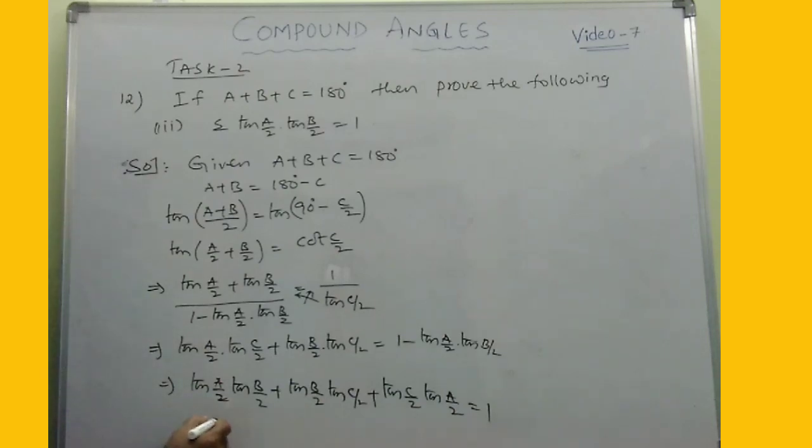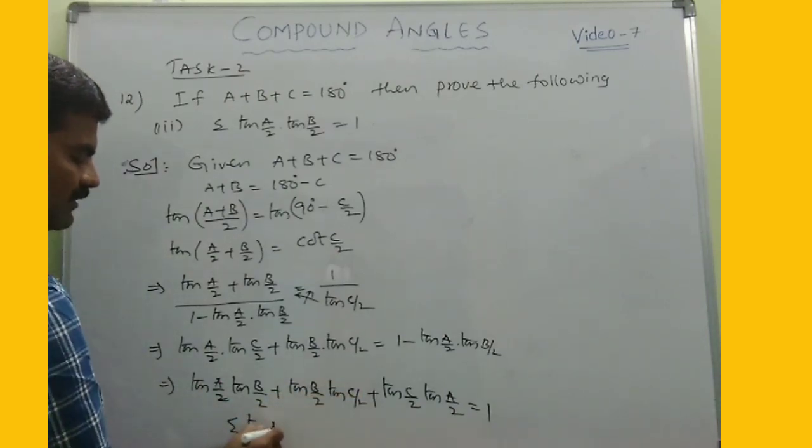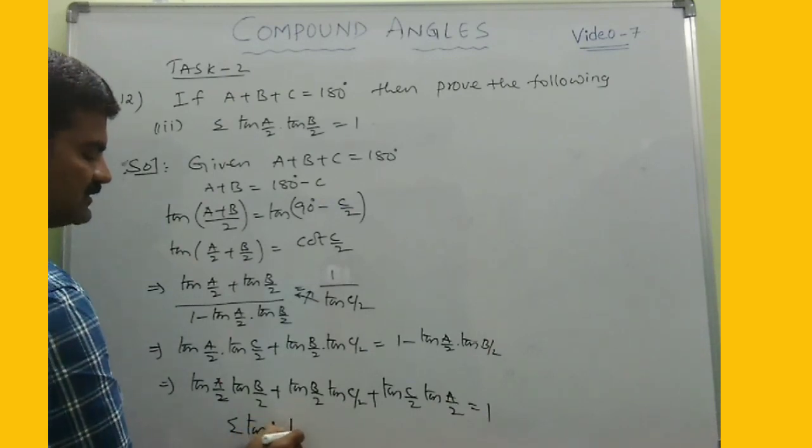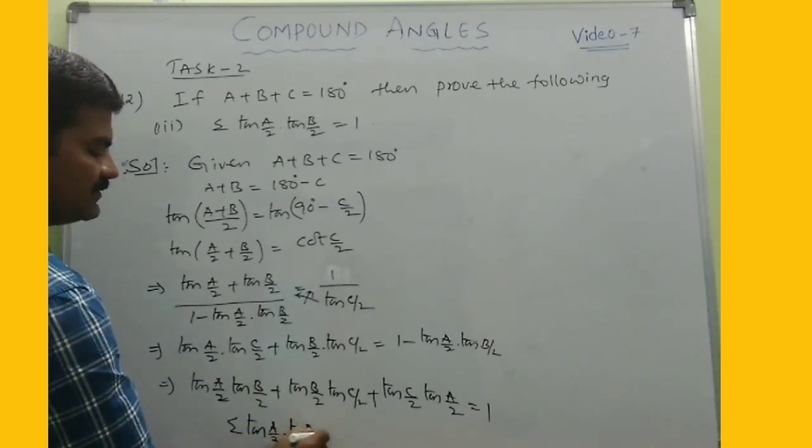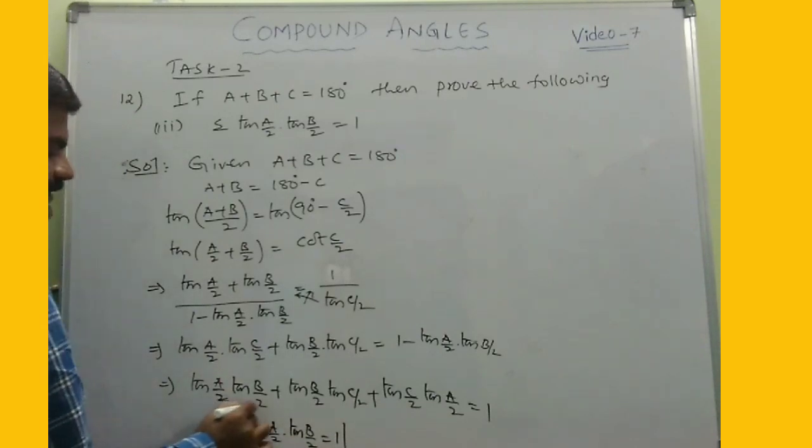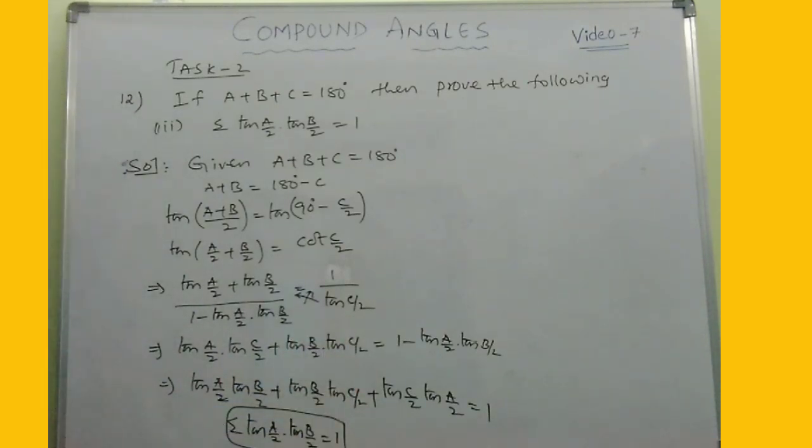So I can write this as sigma, the sum of tan A by 2 into tan B by 2, which is equal to 1. So this is a very important result. When the sum of the angles is 90, so A by 2 plus B by 2 plus C by 2 is equal to 90, then sigma tan A by 2 into tan B by 2 is equal to 1.